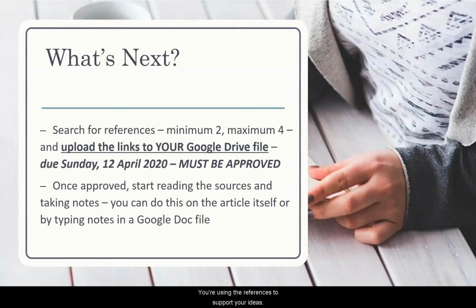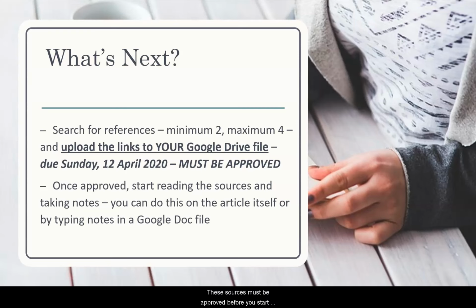You're using the references to support your ideas. You're not supporting the references. And you need to upload the links to these 2 to 4 references to your Google Drive file. So the same place that you uploaded your brainstorming and your outline, you need to post the links. Okay?